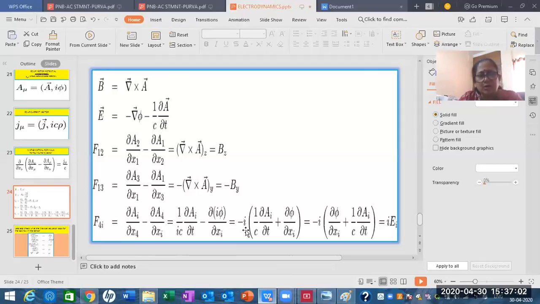The remaining you can write here as dou A1 divided by dou T, dou AI, this is the ith column, and C as it is kept here, and this is dou phi divided by dou XI. The same thing is written here. You compare with this: there del is there, here x is there. That means it is the x component of phi.